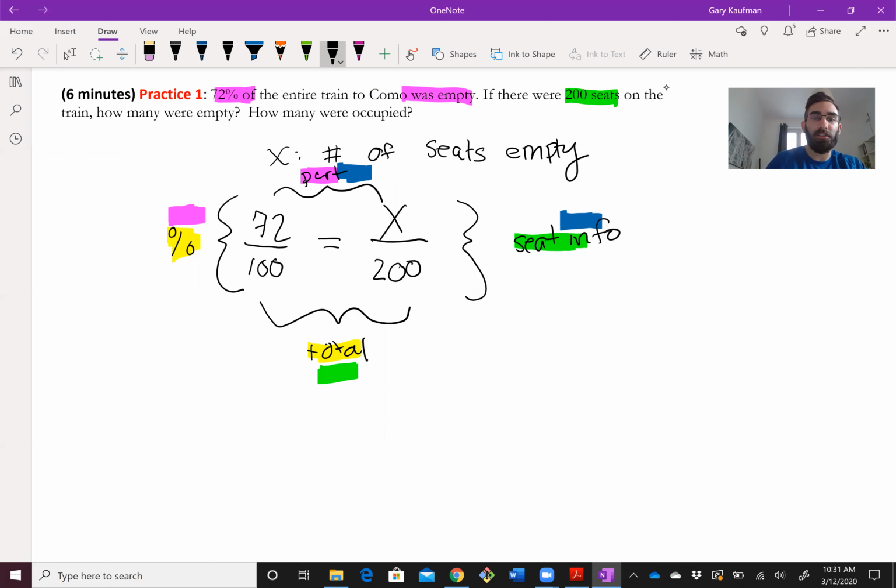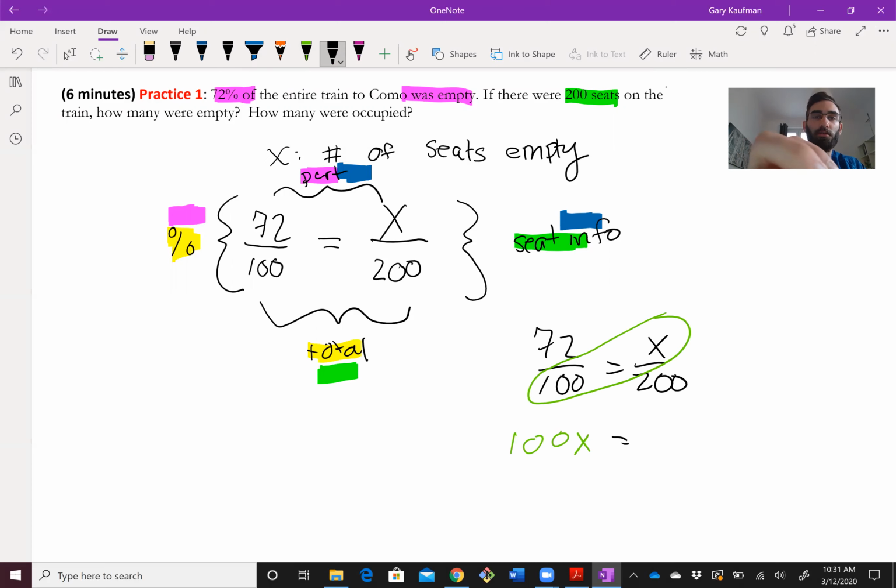Now let's rewrite this over here so we don't become too distracted by all the work. I'm going to use cross multiplication and get 100x is equal to 72 times 200, which is 14400.